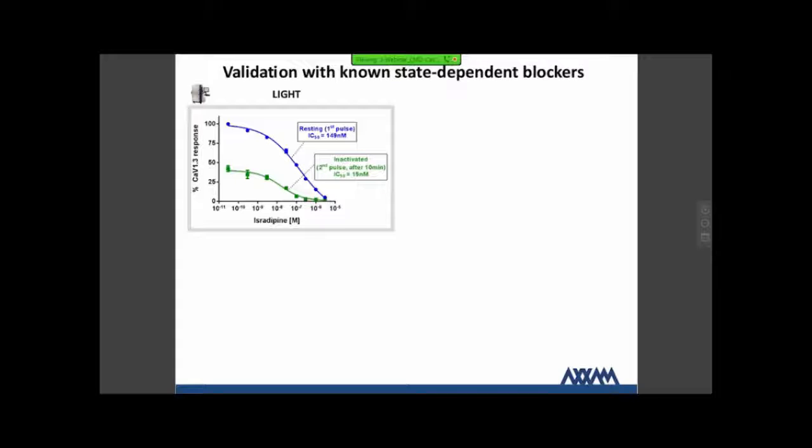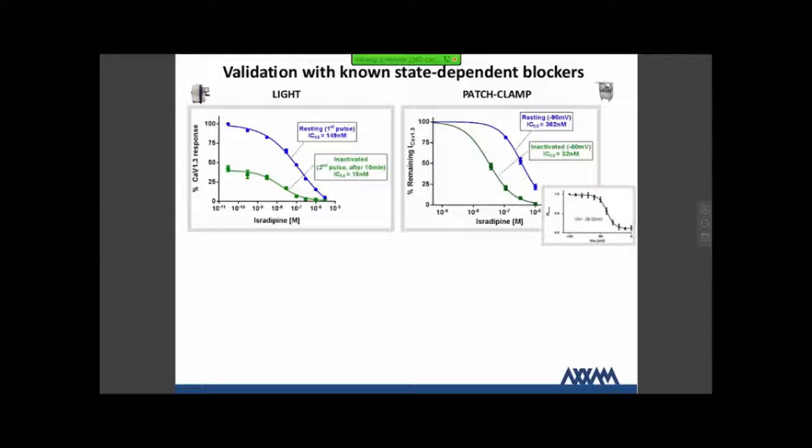And you can see that we could measure very well the IC50 leftward shift of this compound as expected from literature. Then we completely validated our assay with different platforms.